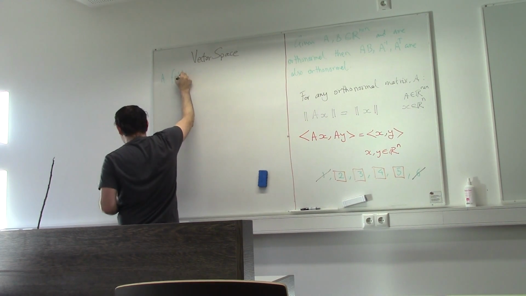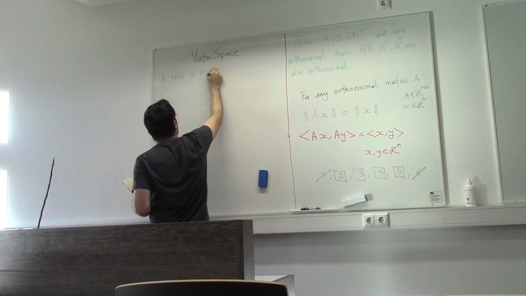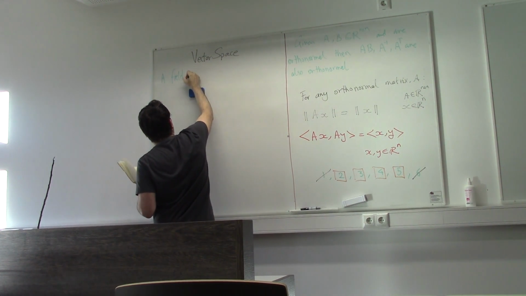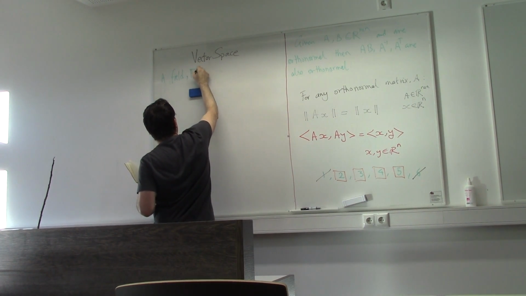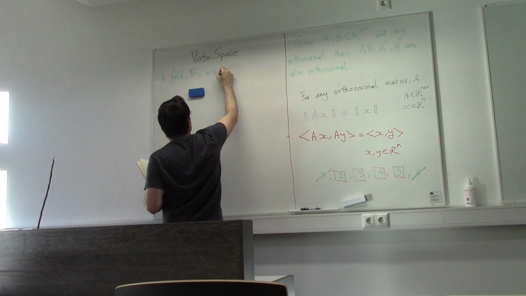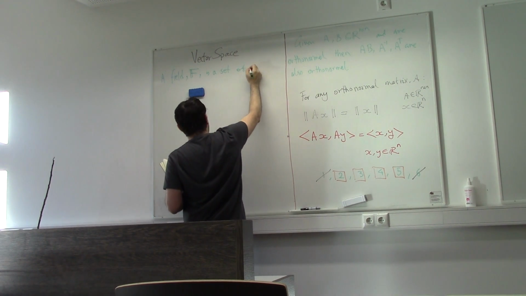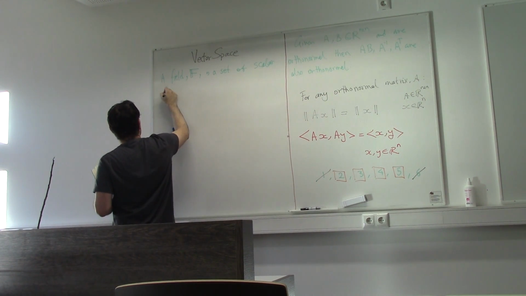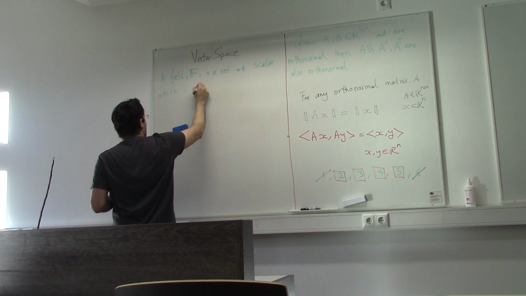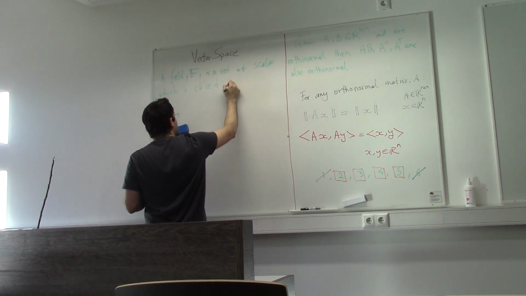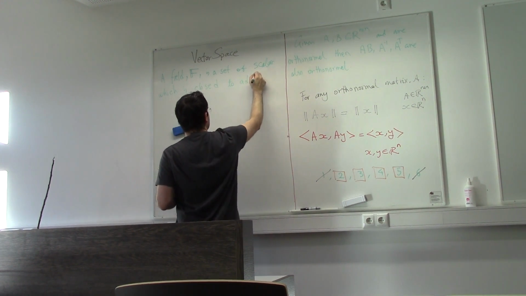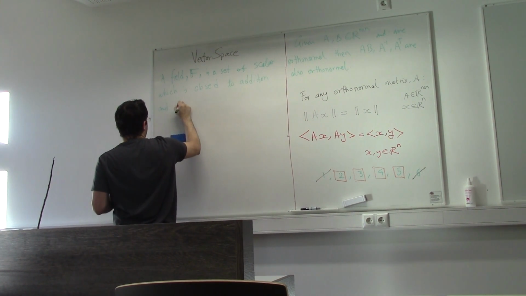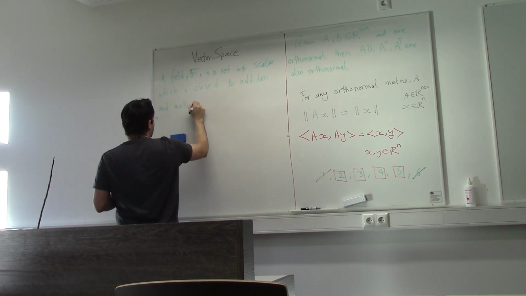A field, usually represented by F, is a set of scalars which is closed to addition and multiplication.